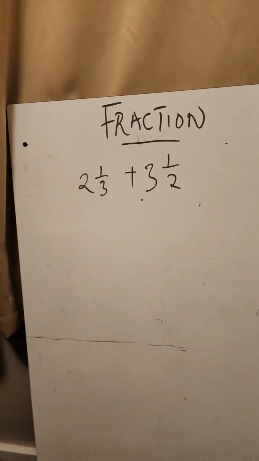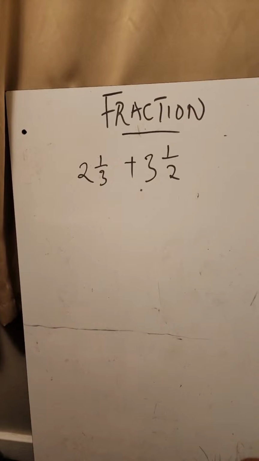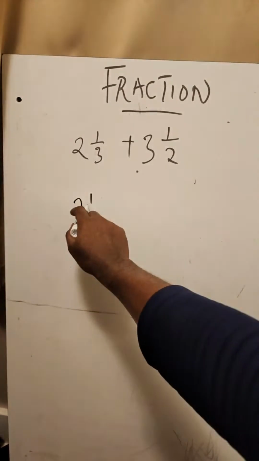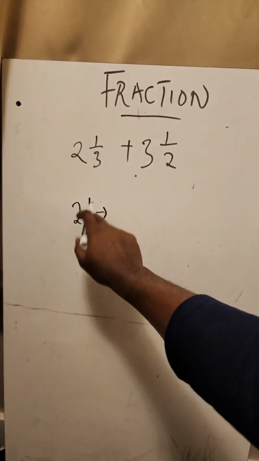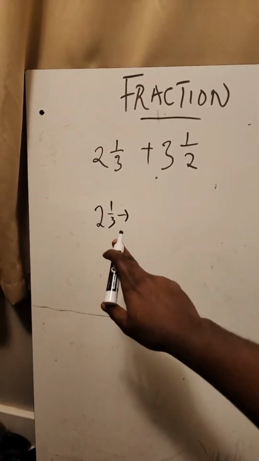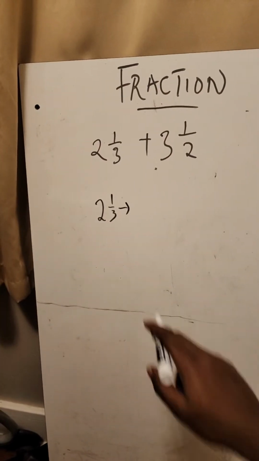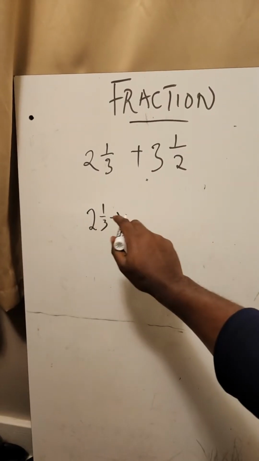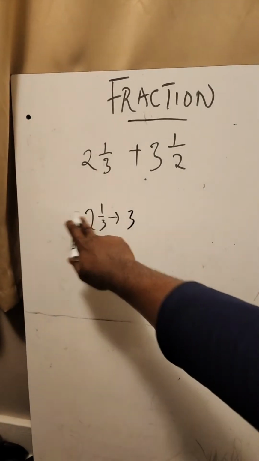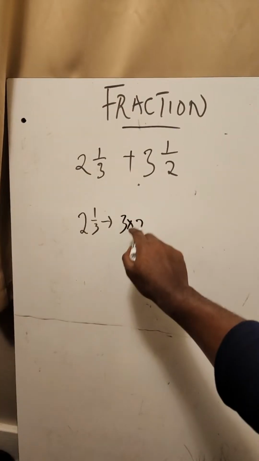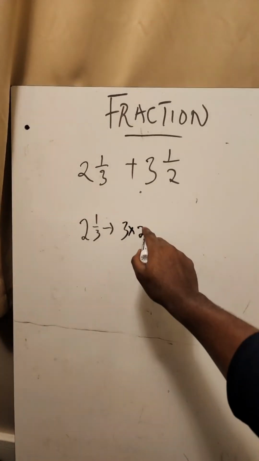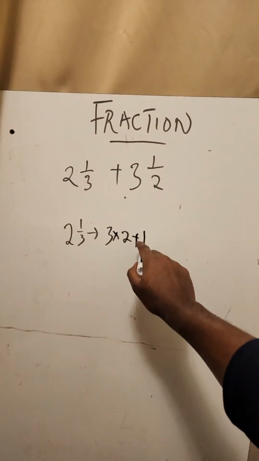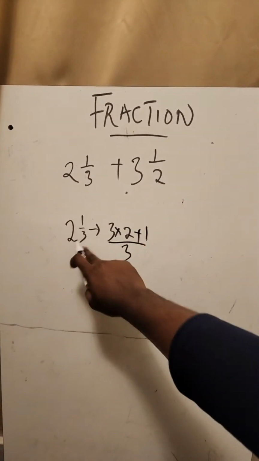And how do you convert mixed fraction to improper fraction? I'm going to break this down. Now, we have 2 whole number 1 over 3. If you want to convert this alone, I'm going to do the first one and I will let you do the second one. Here, the first thing to do is to pick this denominator, which is 3, multiply by the whole number, which is 2, and you add the numerator to it, which is 1, divided by the denominator.